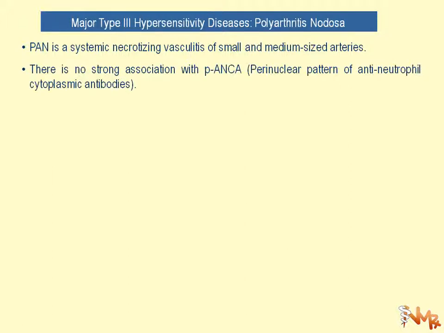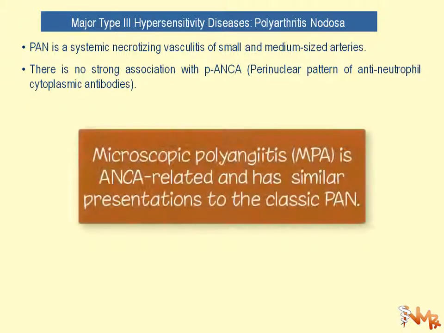Just to make sure that you lock in this information, there is no strong association of polyarteritis nodosa with p-ANCA. p-ANCA stands for perinuclear pattern of anti-neutrophil cytoplasmic antibodies. There is no strong association. Only one of the subtypes of polyarteritis nodosa may present with p-ANCA.